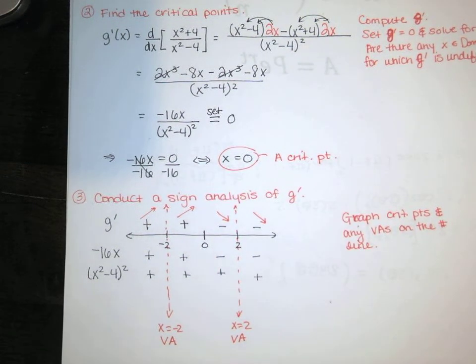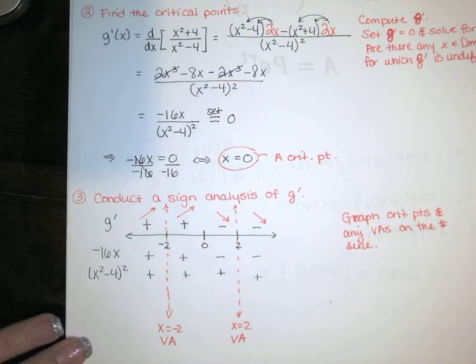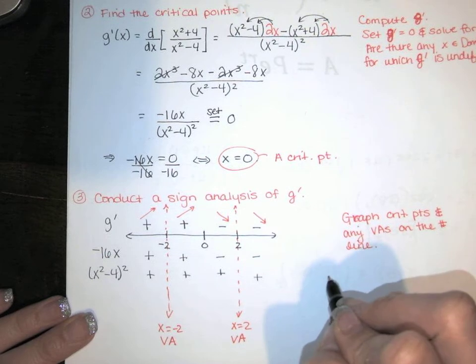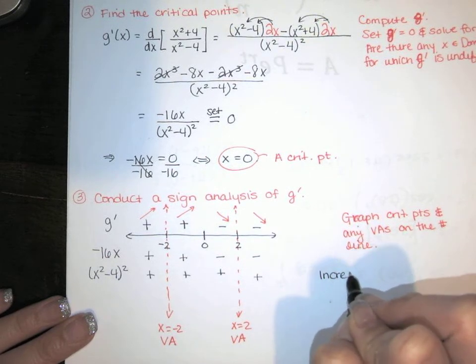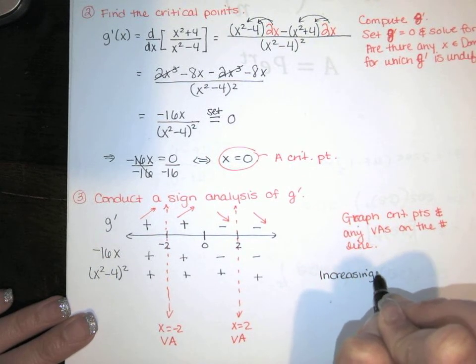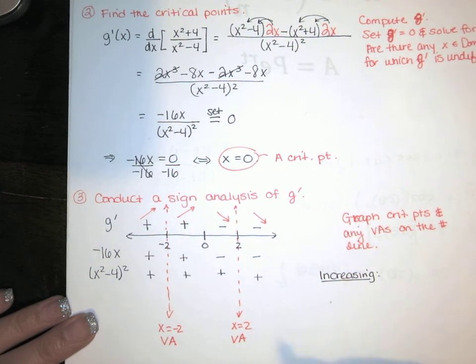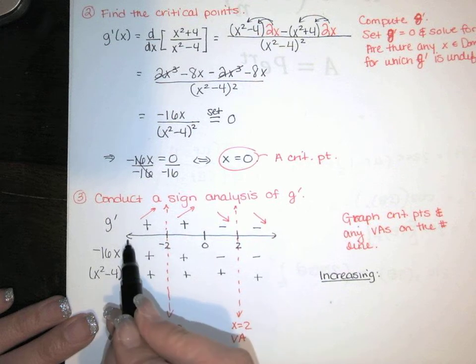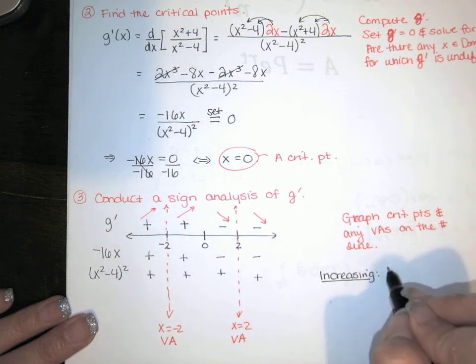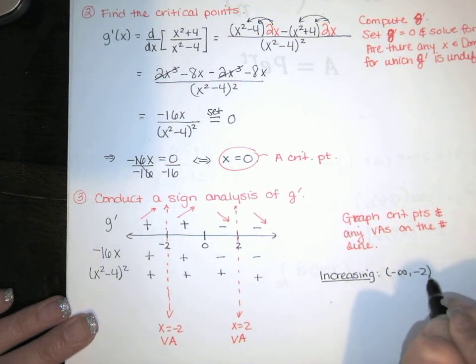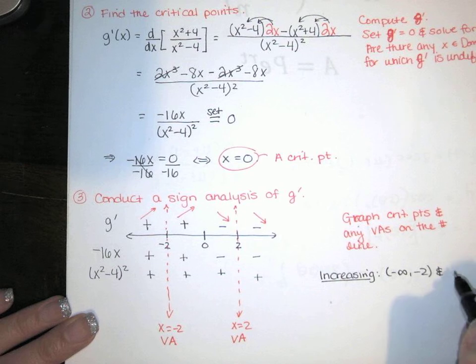Okay, so they asked us to find the intervals where the function is increasing or decreasing. Our sign analysis got us those intervals, so we just have to read our sign chart now. The original function, not g, is increasing on -infinity to -2 and -2 to 0.